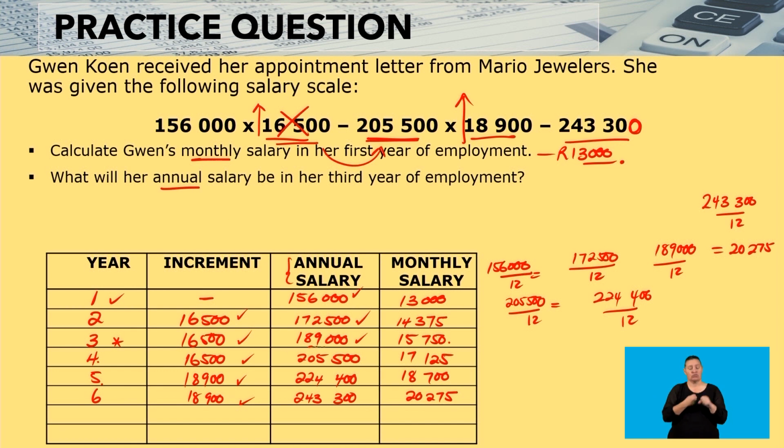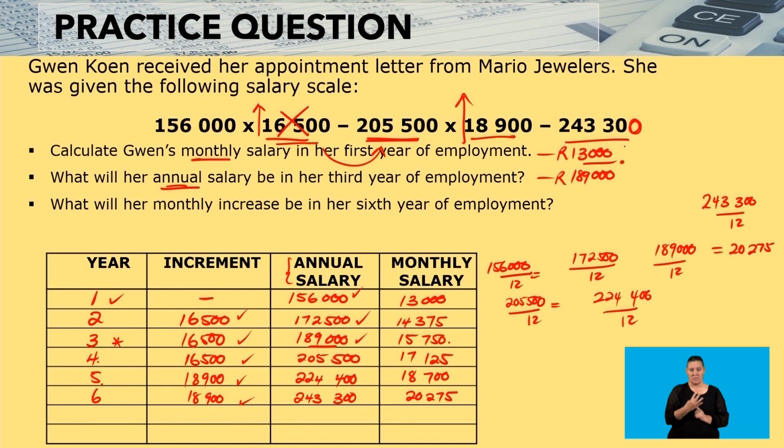So in the third year of employment, she is getting 189,000. They want the annual salary. It is 189,000.